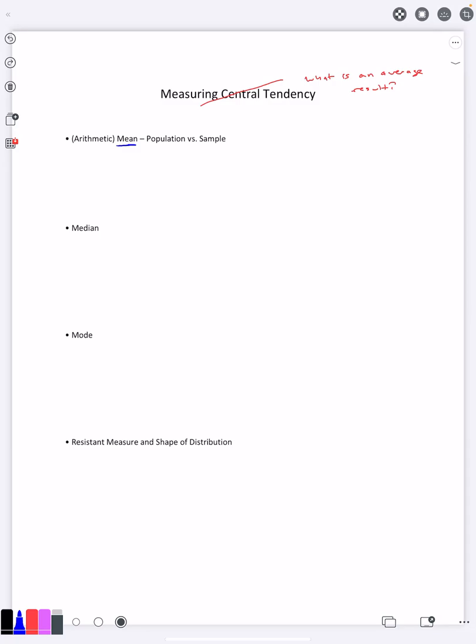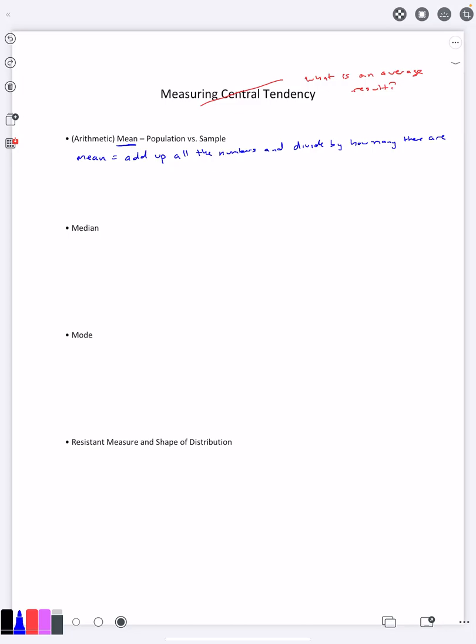But for right now, the only thing we're worried about is the arithmetic mean. And again, we already said what it was. The mean is just add up all the numbers and divide by how many there are. So that's something you've most certainly experienced sometime in your life before now.